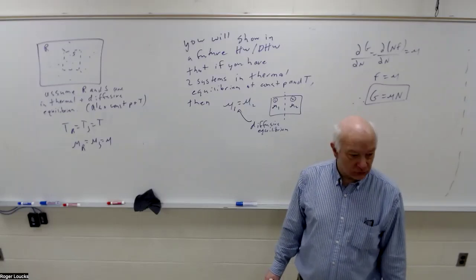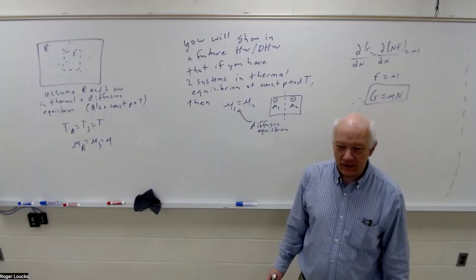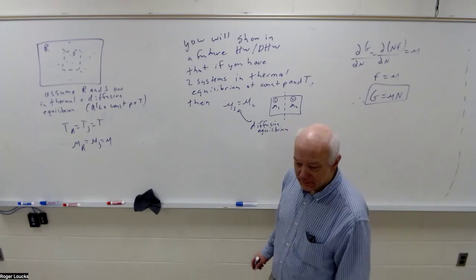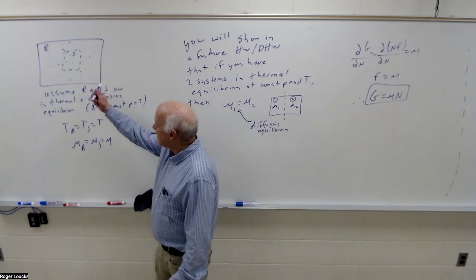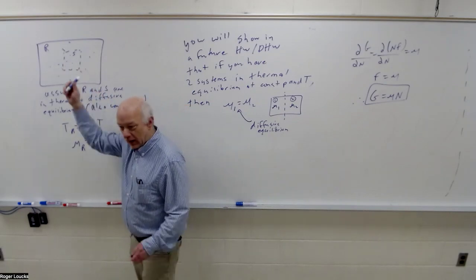And I want to ask you a question. What question do you think I'm going to ask about S? What's the probability of finding S in a particular quantum state I?